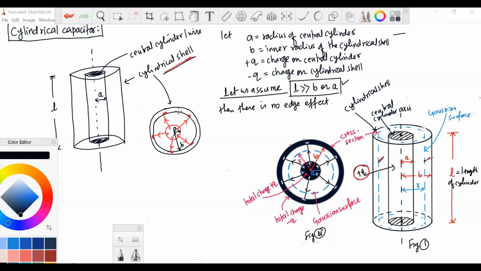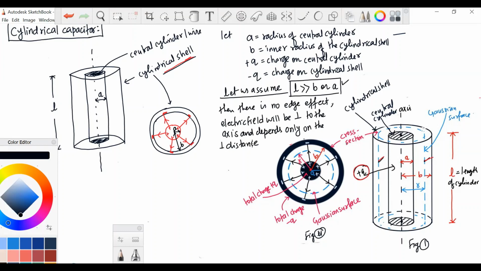So if we have this condition, then there is no edge effect, and the electric field will be perpendicular to the axis. So this is to be noted, and it depends only on the perpendicular distance.